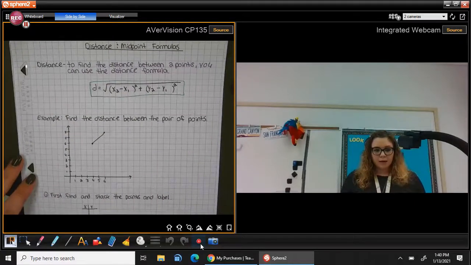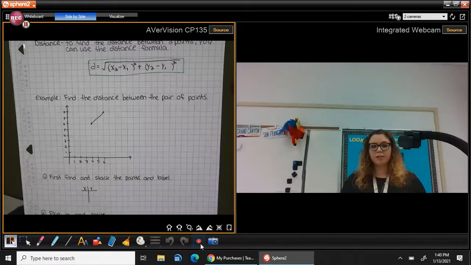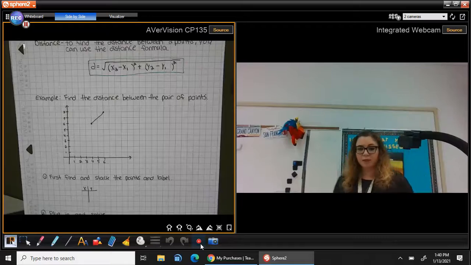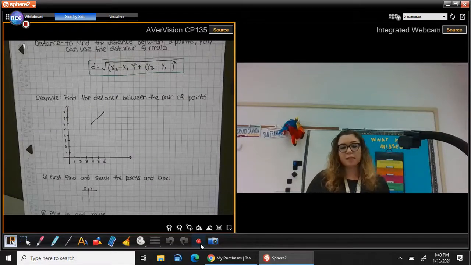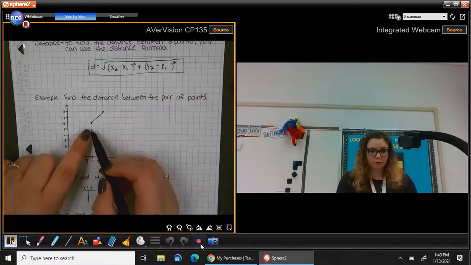So this is an example that you might see. It says find a distance between the pair of points. Anytime you're trying to find a distance in between points, you're going to use the distance formula. And the first thing we need to do is find these coordinate pairs.